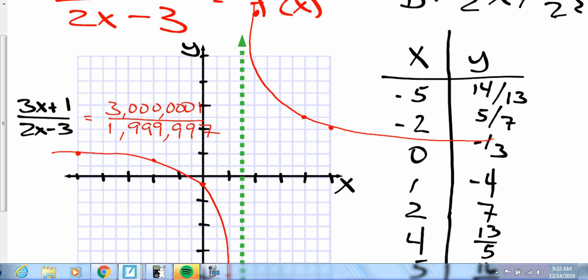What if I put negative 1,000,000 in here? Negative 2,999,999, right? Over negative 1,000,000 in there.